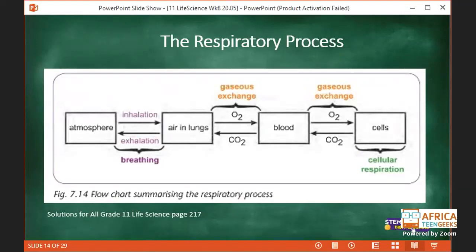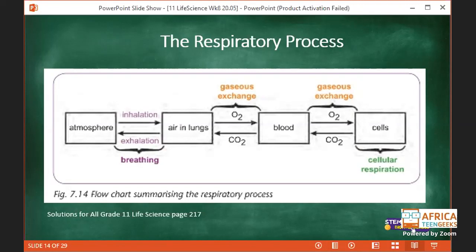Okay, let's look at the summary of the respiratory process. You exist in the atmosphere, and then you inhale the air which is present in the atmosphere. This takes place in the lungs, where we have gaseous exchange taking place, where oxygen is inspired in and goes to the blood. From the blood, this oxygen goes to the cells, where cellular respiration takes place.